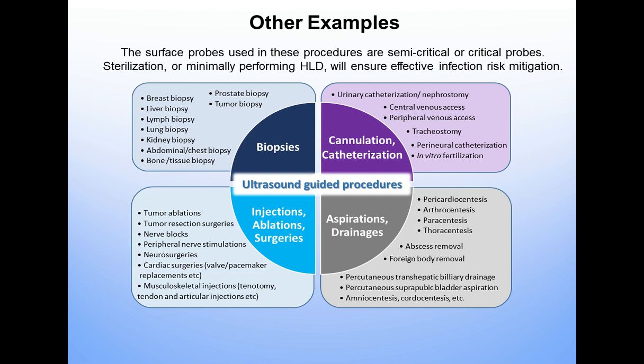In the injection category, probably something like a nerve block would be a very common procedure where there is a chance that the probe could contact punctured skin. Catheterization and cannulation, vascular access would be one of the most common groups of procedures there. And then aspirations and drainages. Because ultrasound technology has improved so much and it's become widely available, it's very common to use ultrasound to guide these procedures.